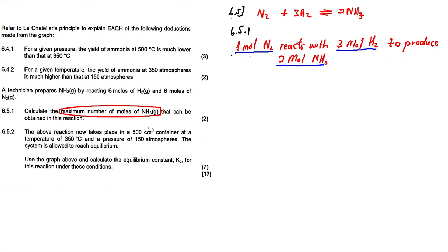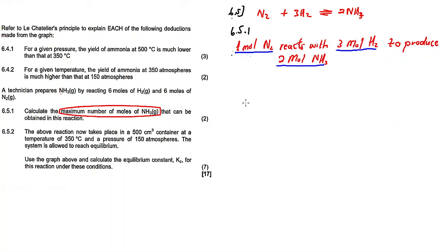So we want to know what is the maximum amount of ammonia from the 6 moles of hydrogen gas and the 6 moles of nitrogen. So therefore here we need to understand which reactant between nitrogen and hydrogen is the limiting reagent, because the limiting reagent is the substance that tells us the reaction is stopping.